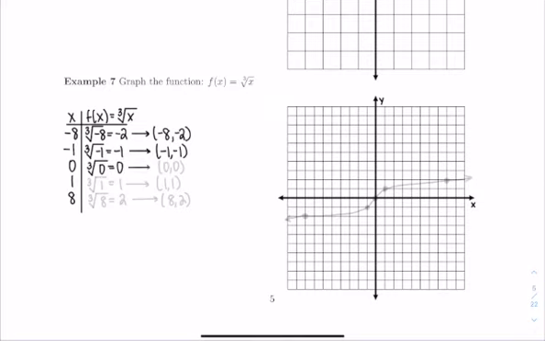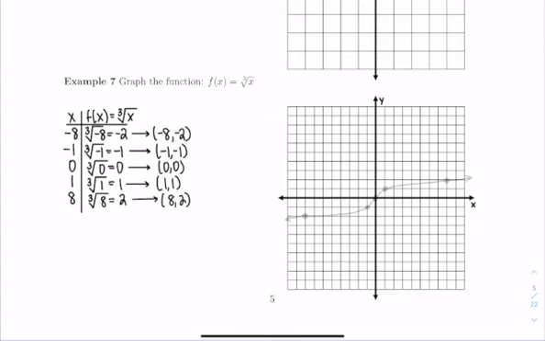And so we get the point 0, 0. For 1, we have the cube root of 1, which is just 1. And so we have the point 1, 1. And then we have the cube root of 8, which is just 2. And so we get the point 8, 2.